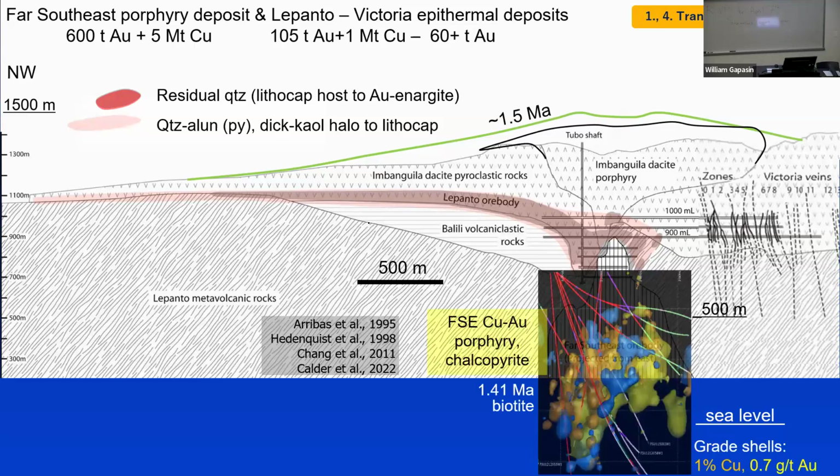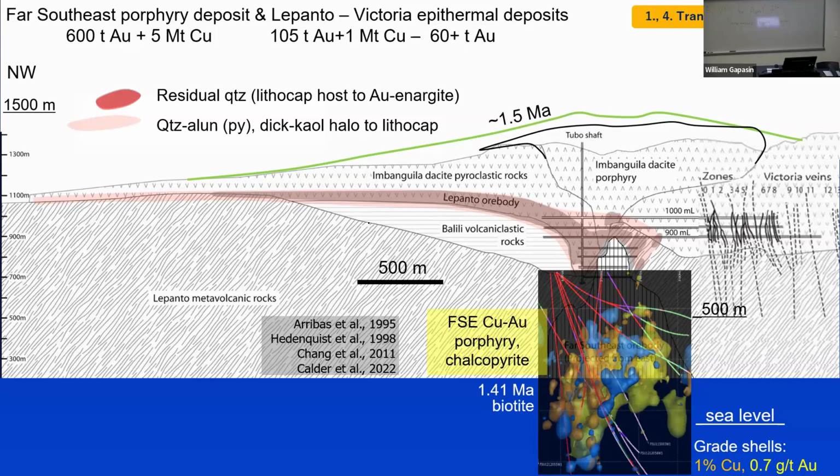This is the porphyry that Goldfields drilled up from the 700-meter level of old underground workings, rehabilitated. They drilled below sea level, drilling up the Far Southeast porphyry: 600 tons of gold, 5 million tons of copper, 1% copper in orange, 0.7 grams gold in yellow, 100 ppm moly in blue.